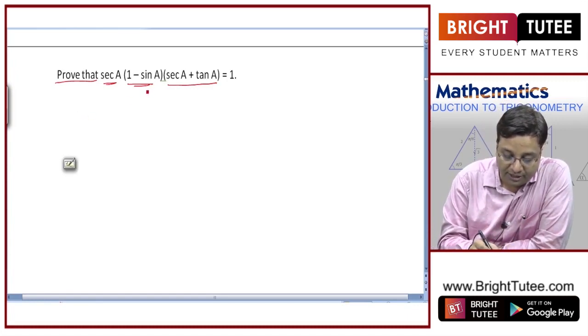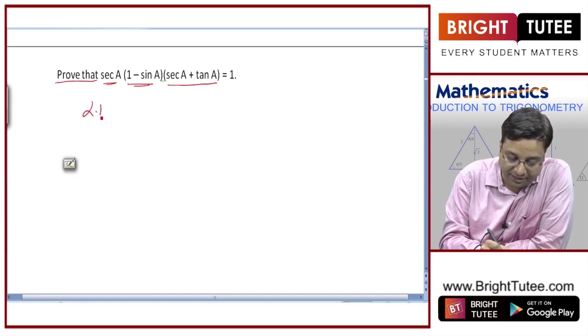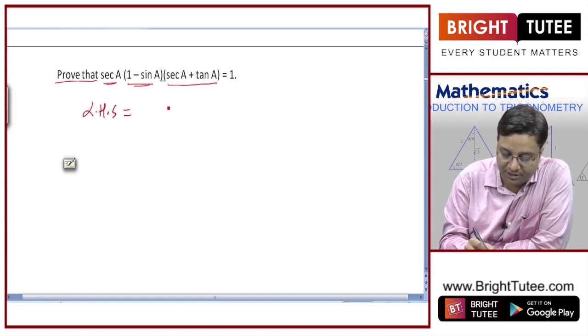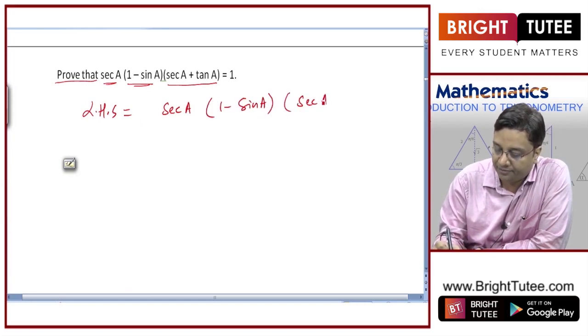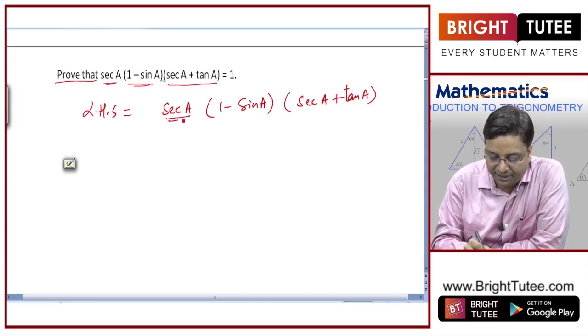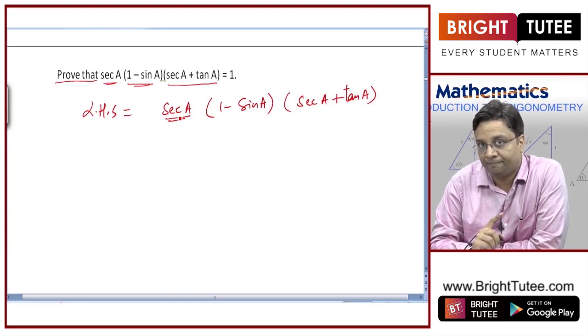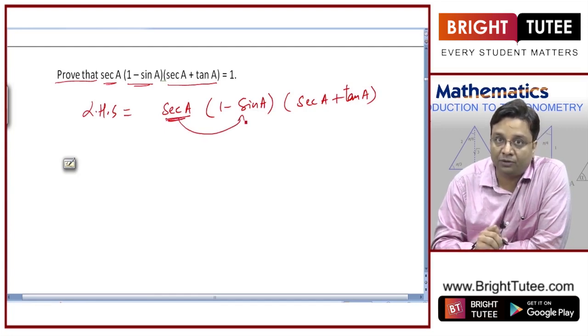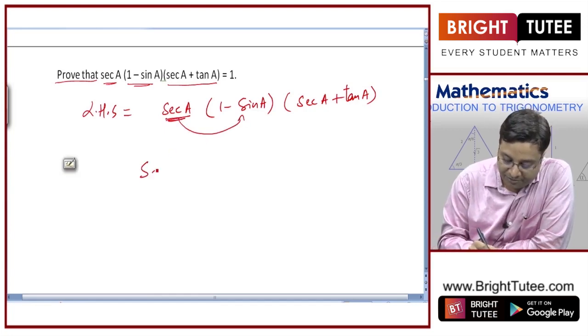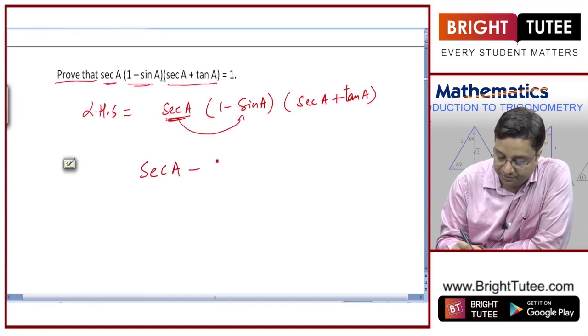So what we can do here is, let's write the left hand side first, which is secant A into 1 minus sin A into secant A plus tan A. This secant A can be written as 1 by cos A. Okay. So if I multiply this secant A in this bracket, what will happen? It will give me secant A minus secant A into sin A.